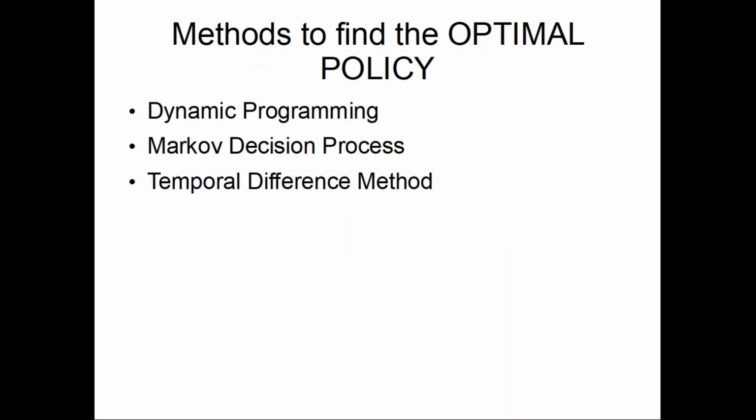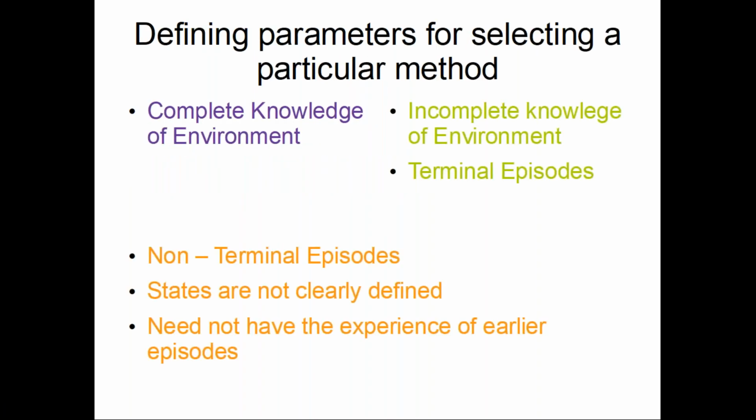Till now we spoke about optimal policy, and now we are trying to find out the best method to find the optimal policy. Before that, we just looked at the Bellman expectation equation. We looked at MDP, that is defining the environment.